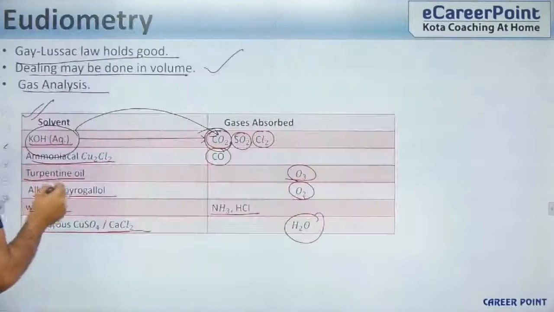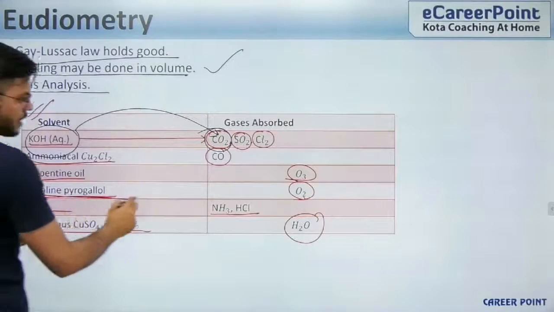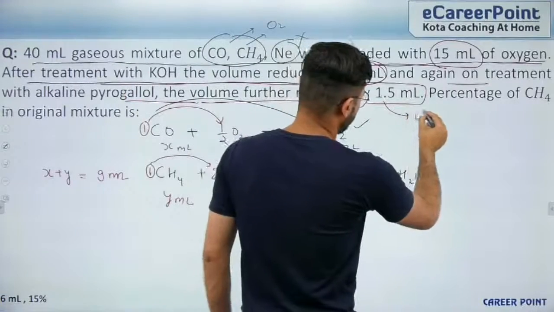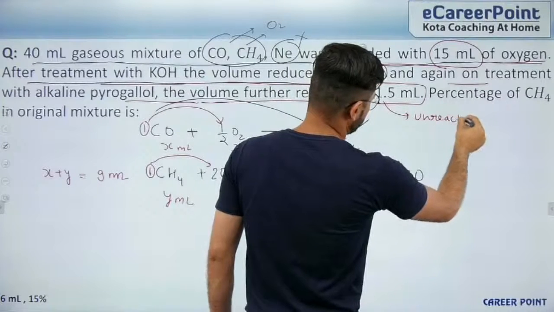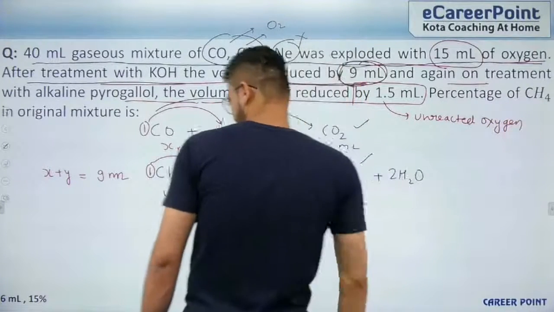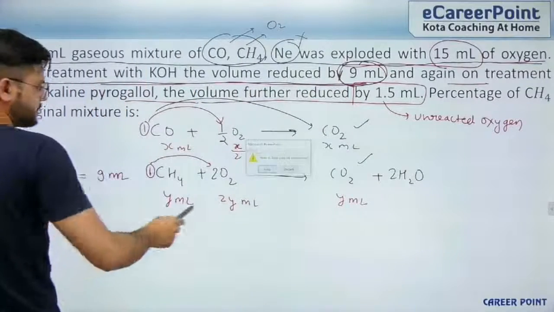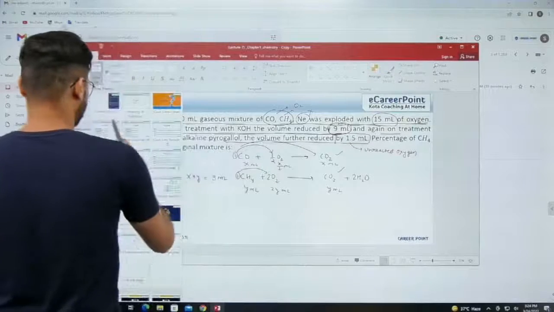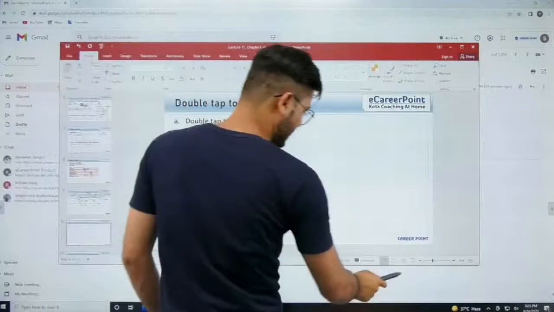So pyrogallol absorbs the oxygen. So that means this is the unreacted oxygen which is left.